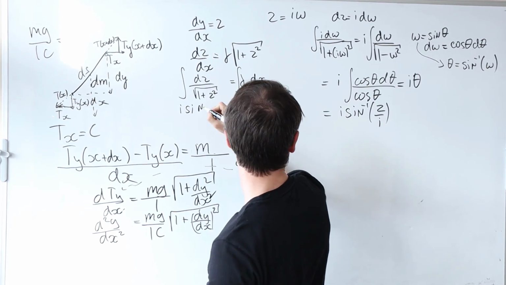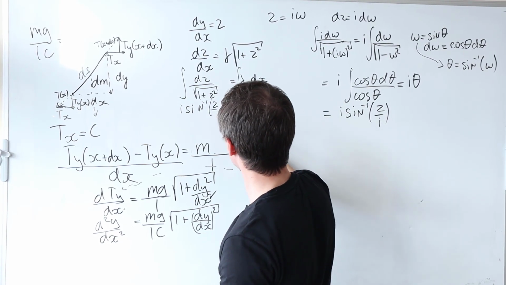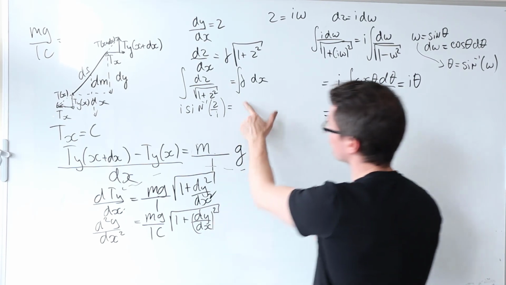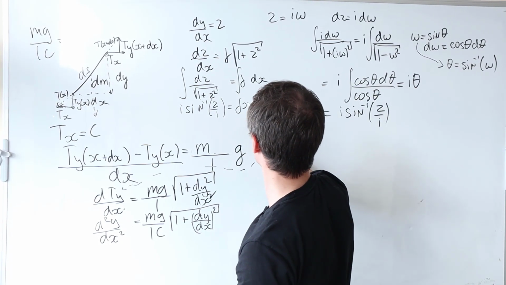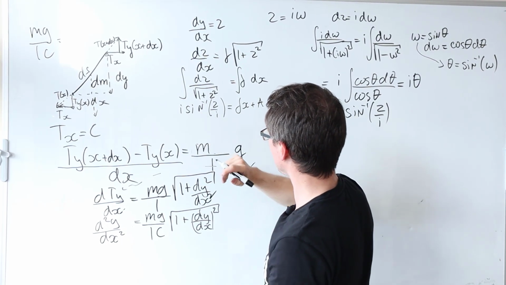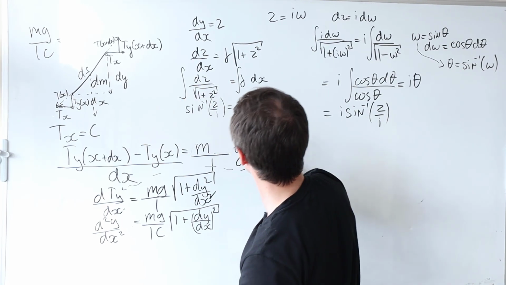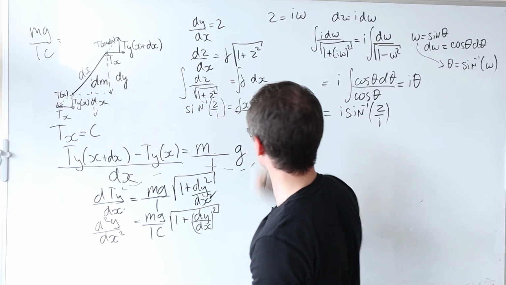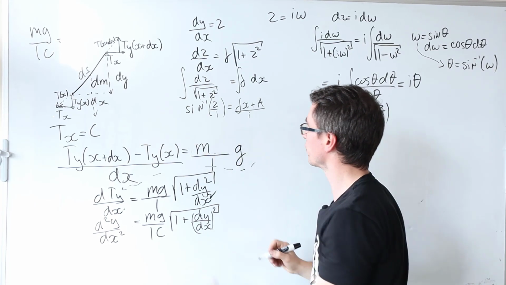i times inverse sine of z divided by i will just be equal to the integral of gamma dx, which is just going to be gamma x plus some sort of constant of integration. Okay, well, let's bring the i to this side, and let's also take the sine of both sides.